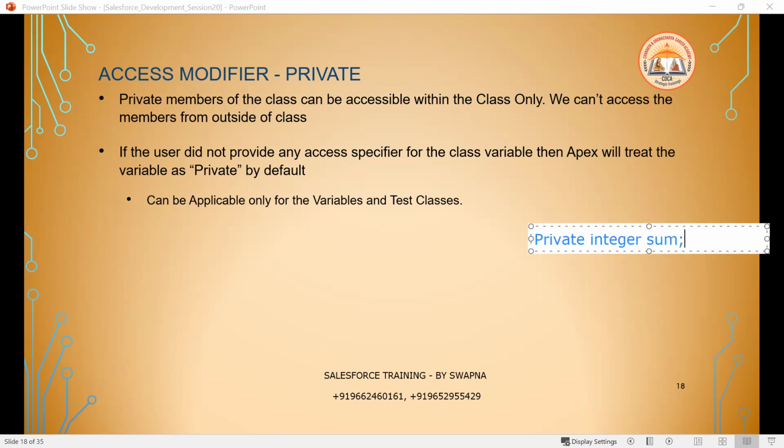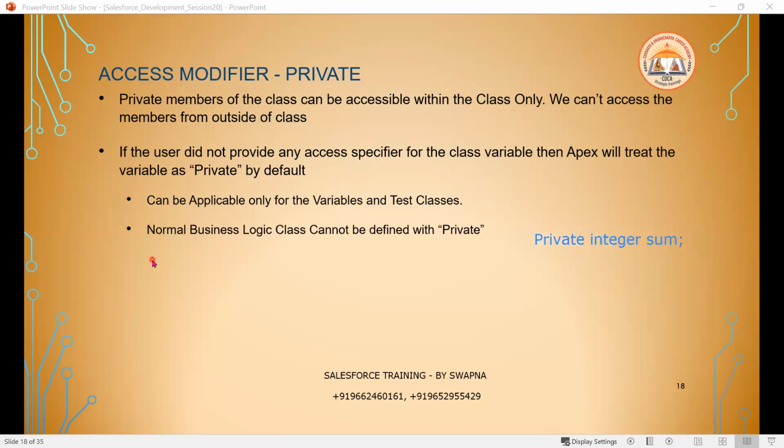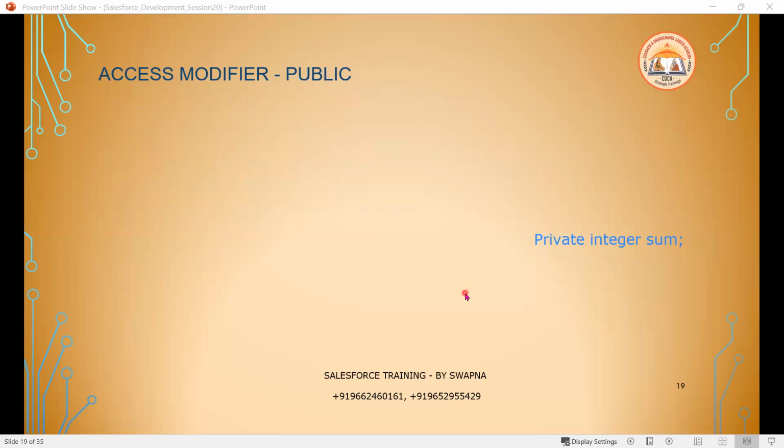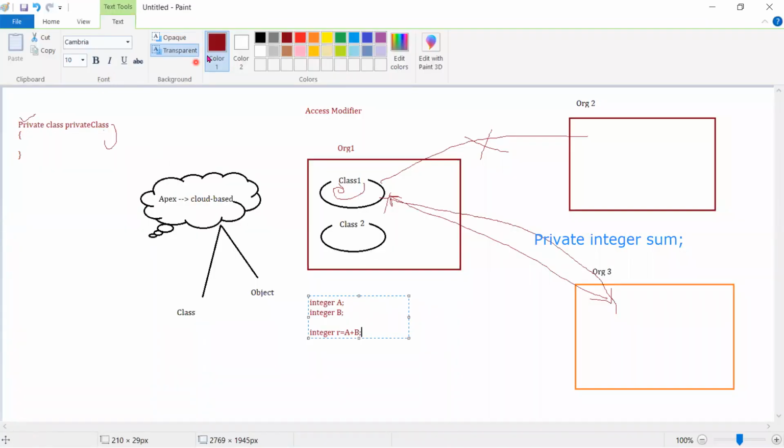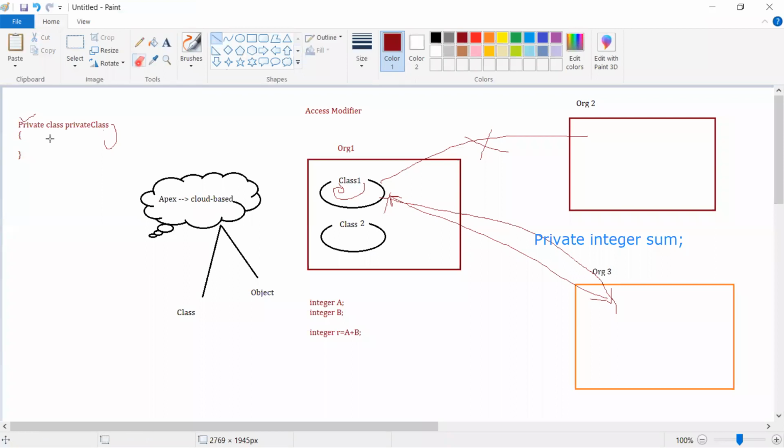Based on that, you will decide what kind of access modifier is required. Normal business logic cannot be defined with private. We cannot use private while defining classes; it can be used only for variables and tests.